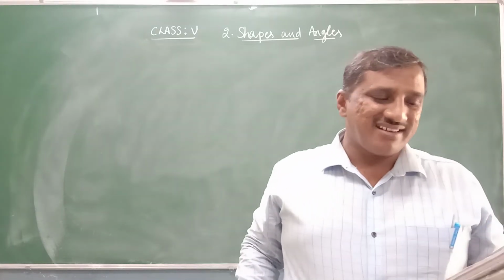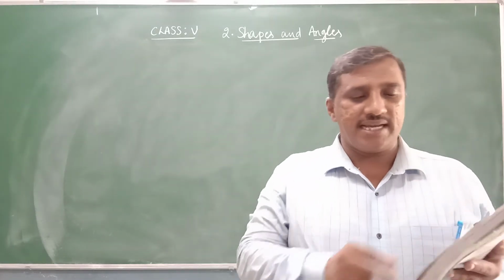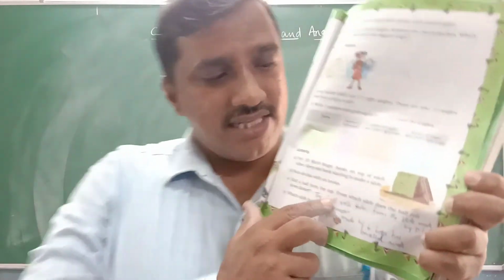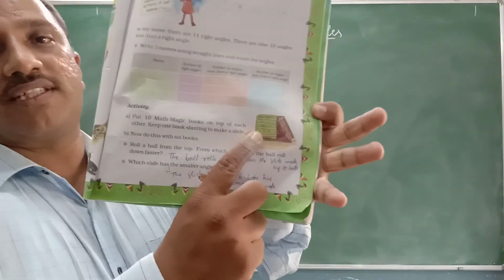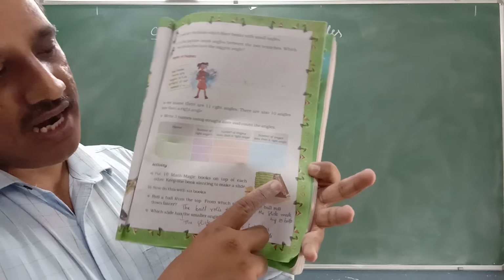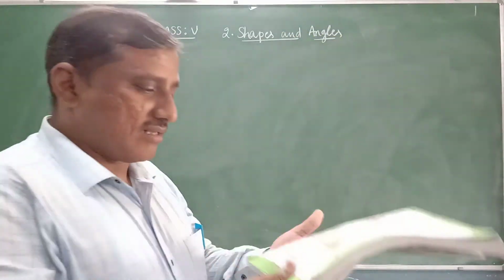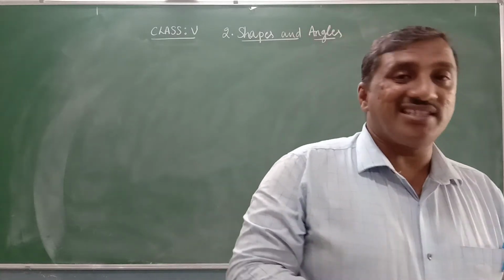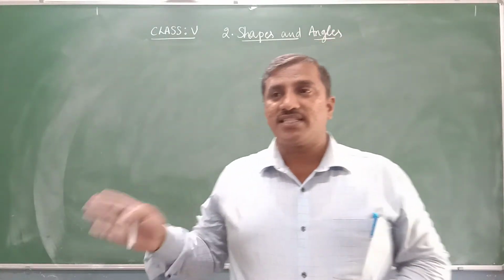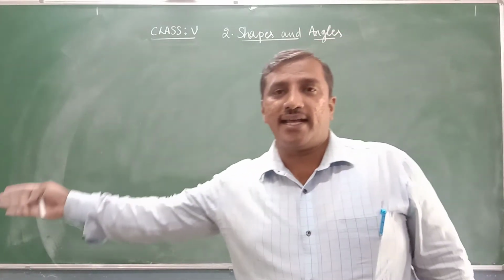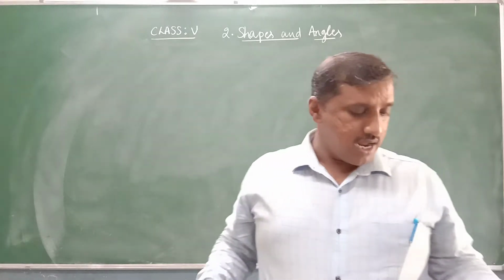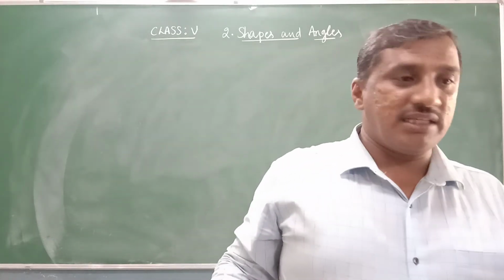Keep one book slanting to make a slide. See this picture. Like this you keep 10 mathematics books one over the other and keep one book slanting against the books to make a slide. Now do this with 6 books. So first you do it with 10 books and on the other side you do it with 6 books. Then roll a ball from the top.